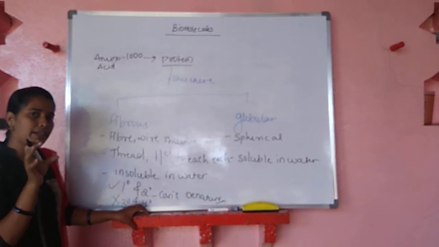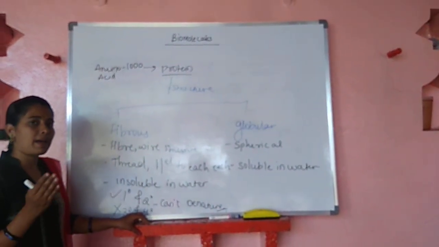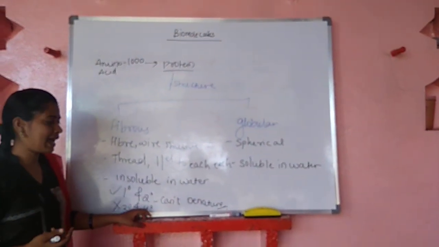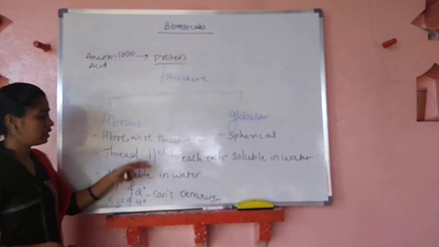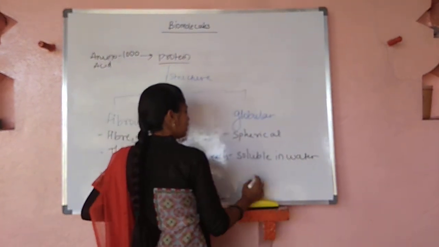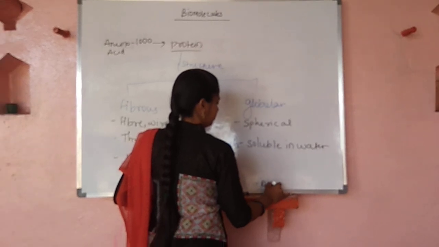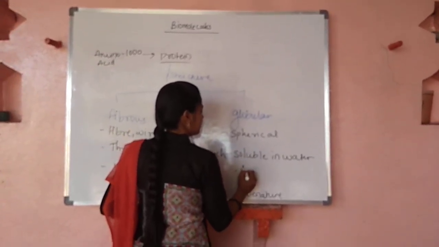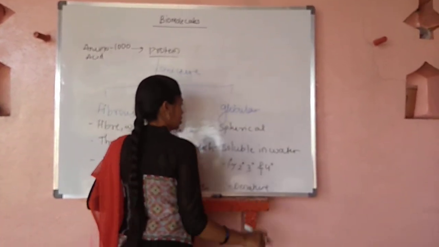When a particular object changes its physical and biological property, then we say it gets denatured. So this fibrous protein can't get denatured, whereas globular protein gets denatured, and it can form primary, secondary, tertiary and quaternary structure.